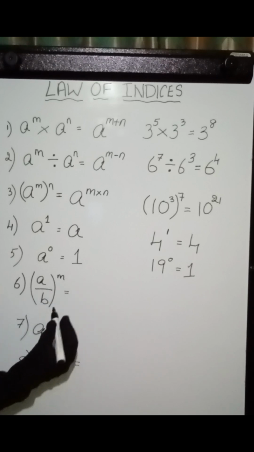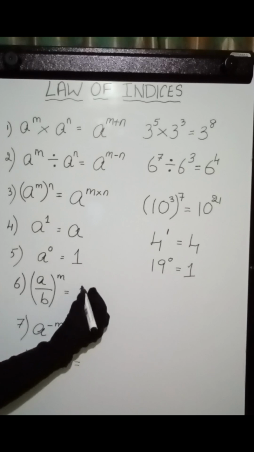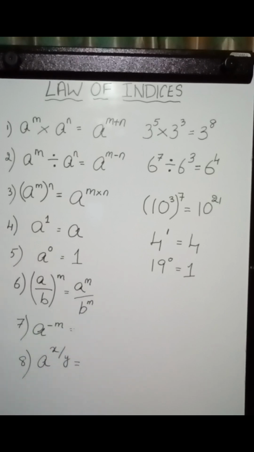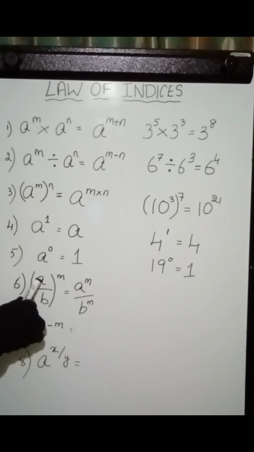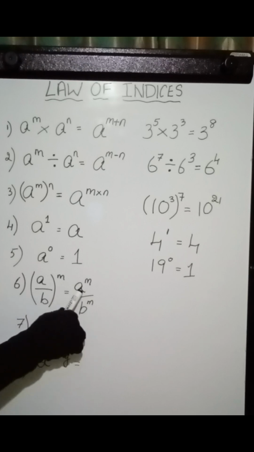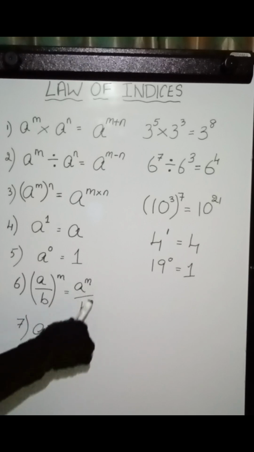In this case, this will be equal to a to the power of m and b to the power of m. Whenever you have a by b, the whole thing to the power of m, this will be simply equal to a to the power of m over b to the power of m.